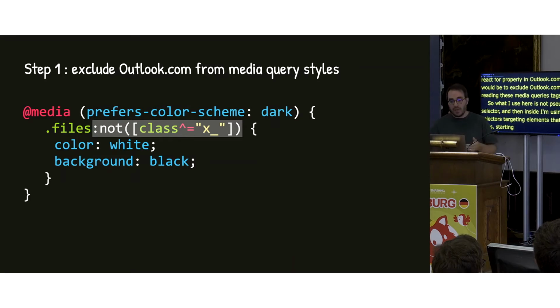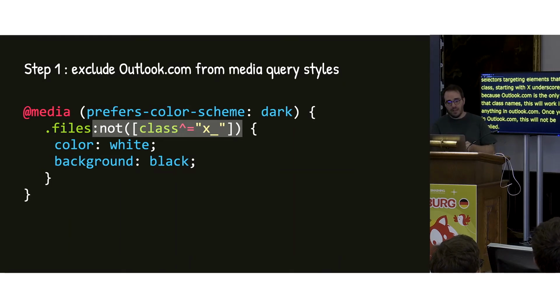Because Outlook.com is the only client that prefixes class names with X_, this will work in anything but Outlook.com, because once you're in Outlook.com, since the class starts with X_, this will not be applied.